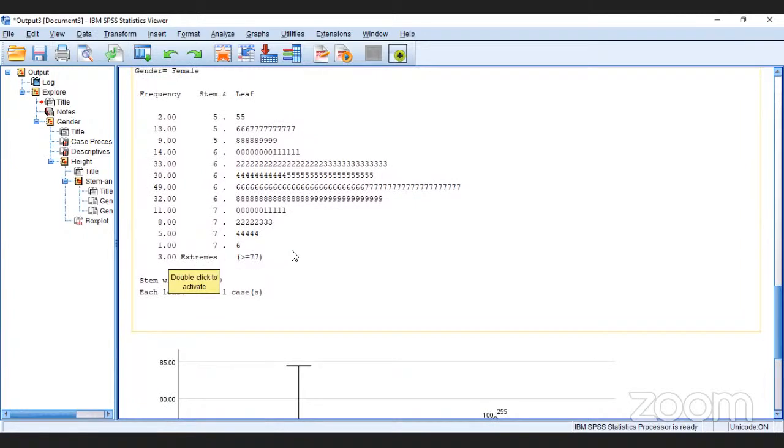And the 3 extreme values are those with their height greater than or equal to what? 77. Do you see that? In which group? For women.